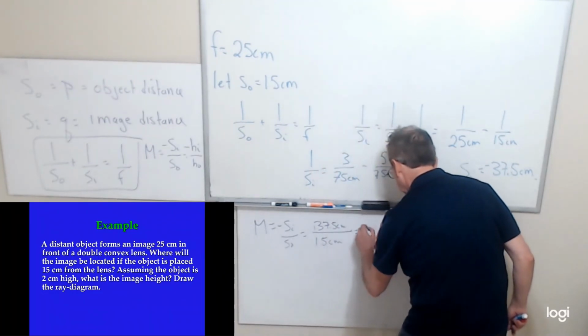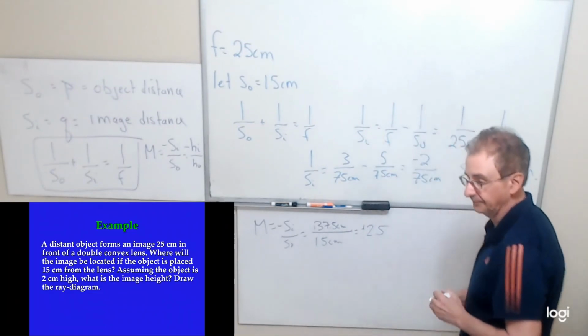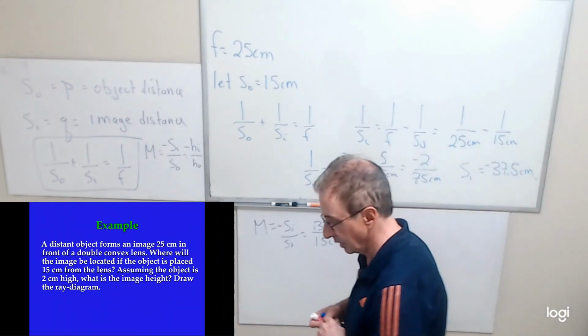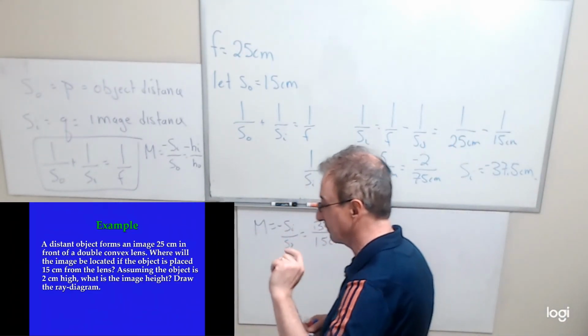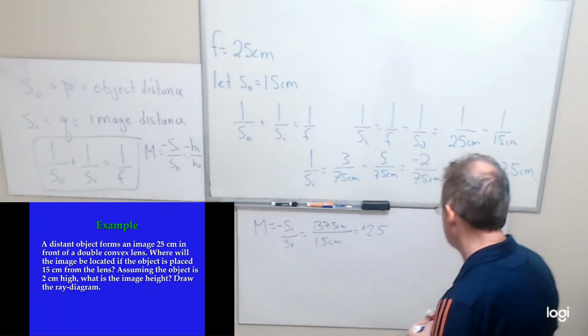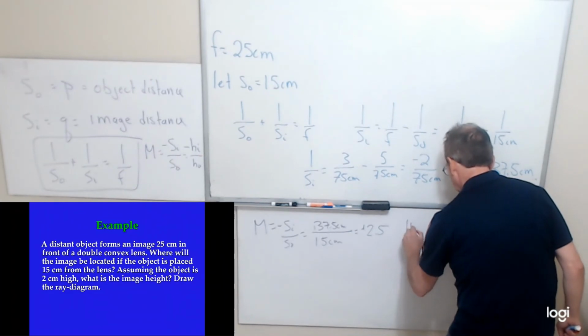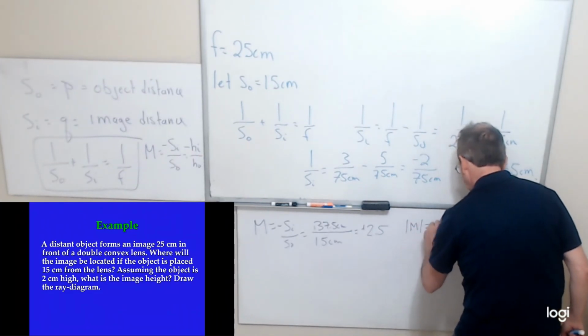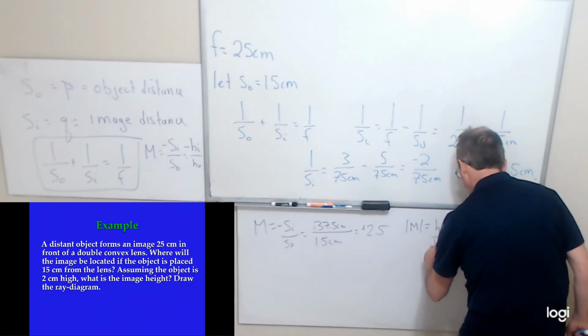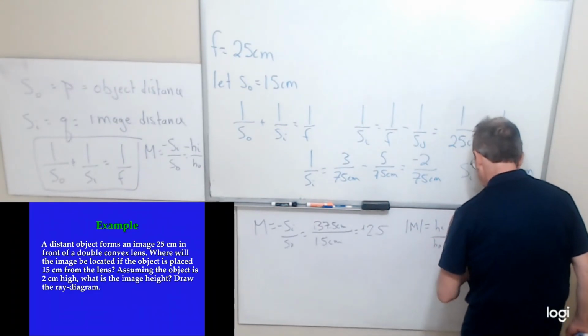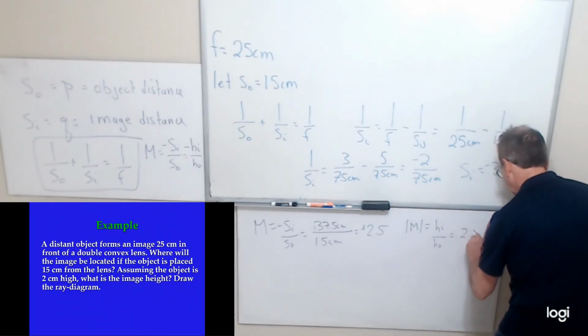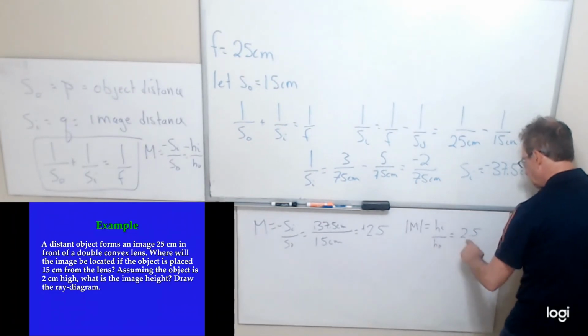This becomes plus 2.5. So the image is 2.5 times the size of the object. So the absolute value of M is h_i over h_o, which is equal to 2.5. If this is 2, 2 times 2.5 is 5.